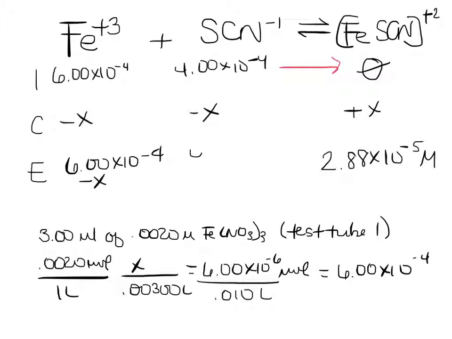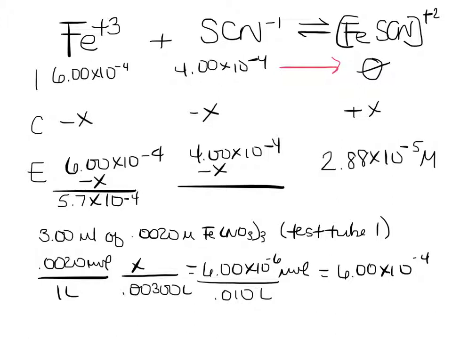And SCN is going to be 4.00 times 10 to the negative 4th minus x. Well, this is x. This is x. So if you actually subtract them, you'll get 5.7 times 10 to the negative fourth and 3.7 times 10 to the negative fourth.